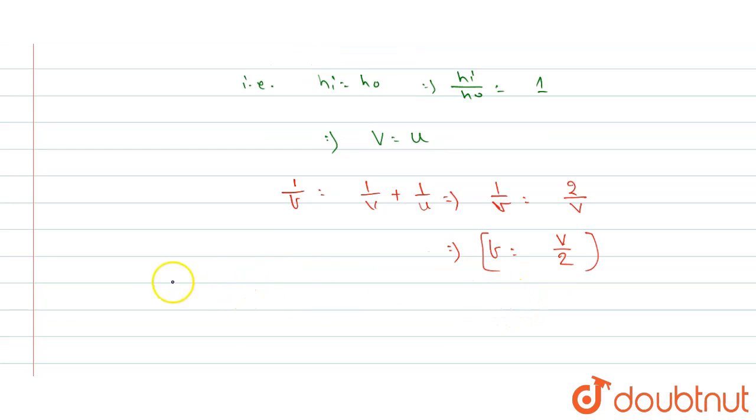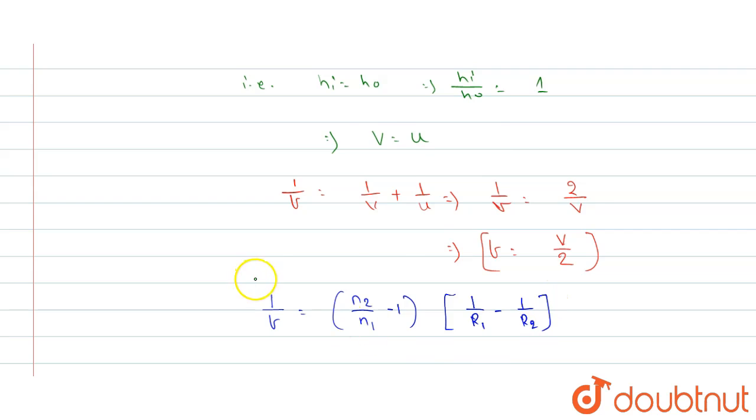Now again, for a lens, we know the focal length is given by 1 divided by F is equal to (N2 divided by N1 minus 1) multiplied by (1 by R1 minus 1 divided by R2).